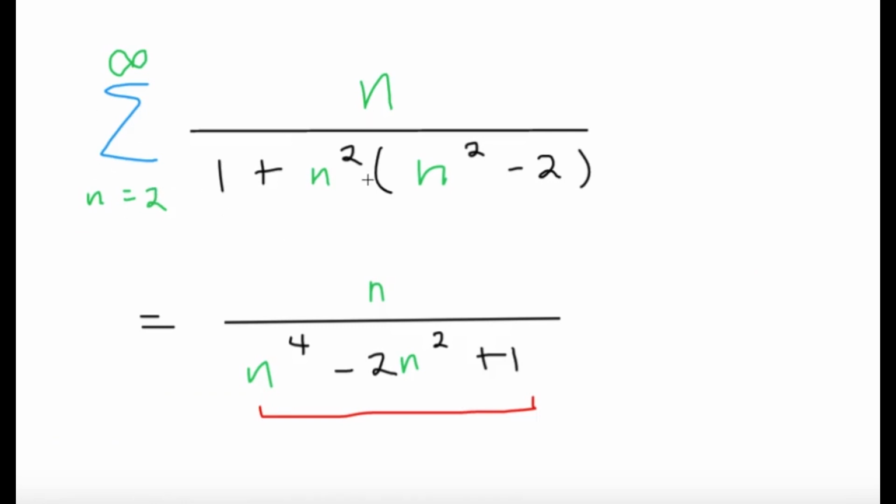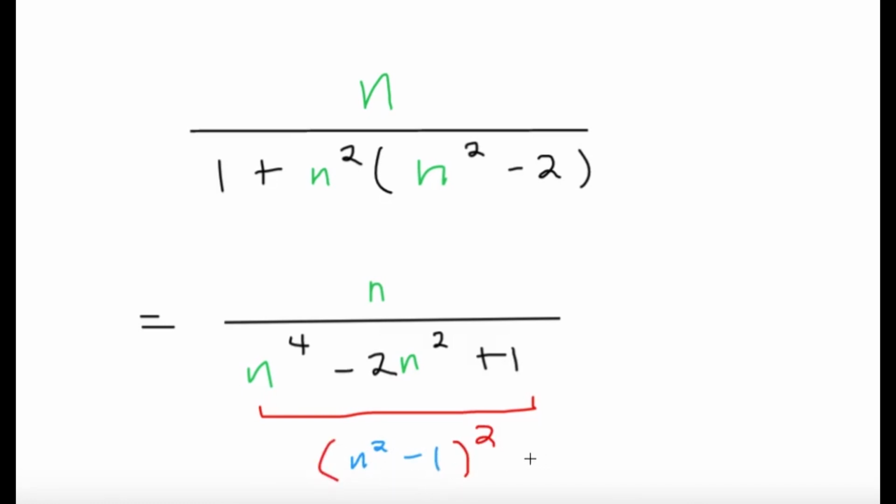So let's try to see what this rational expression tells us. Let's try to expand the denominator: (1 plus n squared) times (n squared minus 2). If you expand this, that's going to be equal to n to the 4th minus 2n squared plus 1. And this is actually nice because it is factorable. In fact, this is (n squared minus 1) quantity squared.